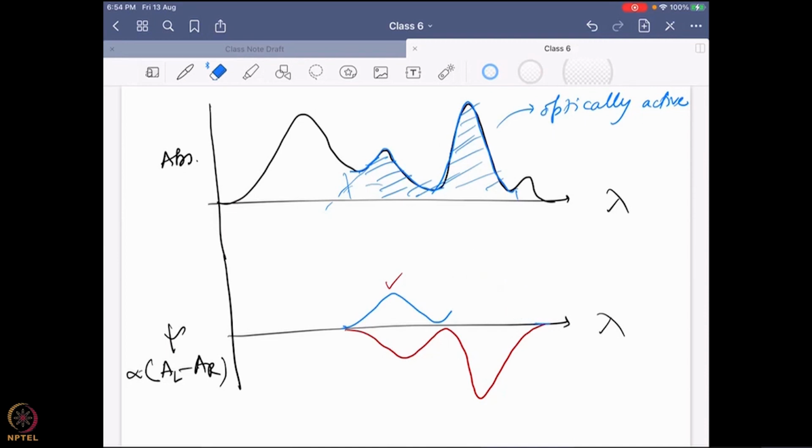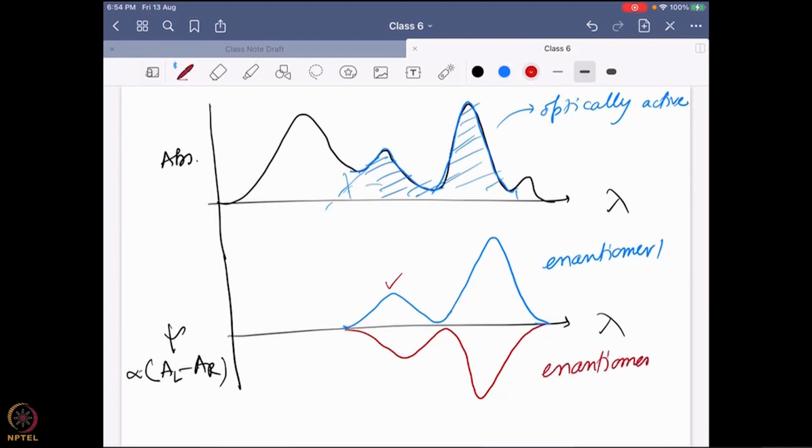It will be exactly mirror image of each other. So that is how it will look like. Enantiomer 1, and this will be enantiomer 2. So that is how the CD spectra actually looks like.